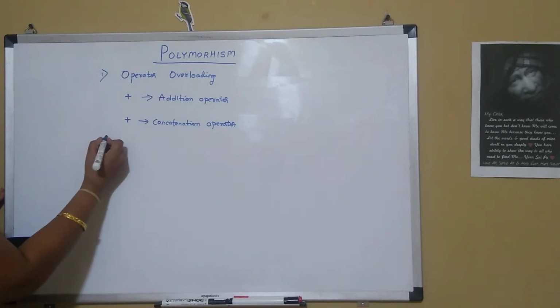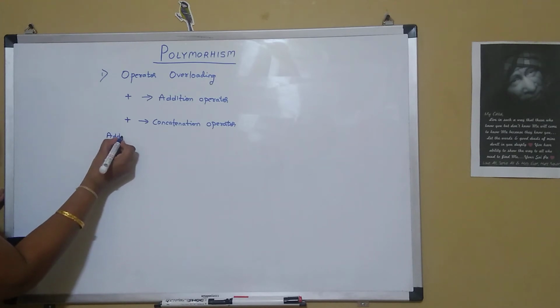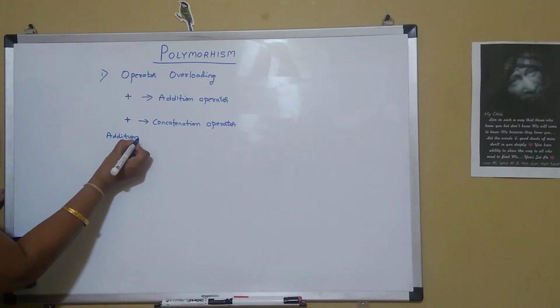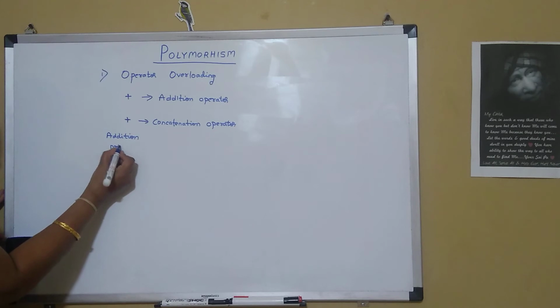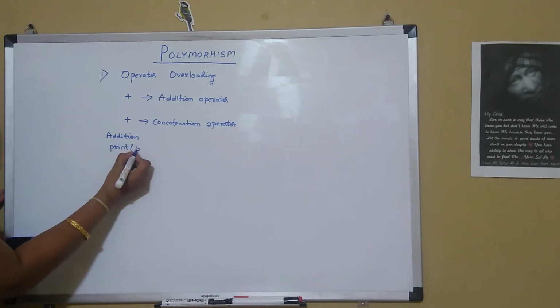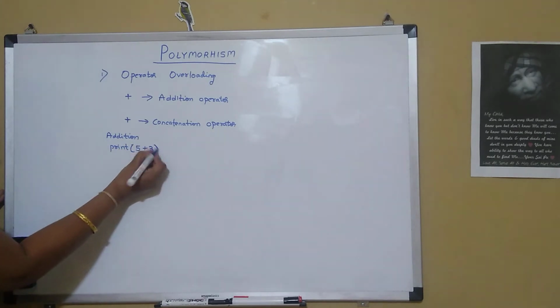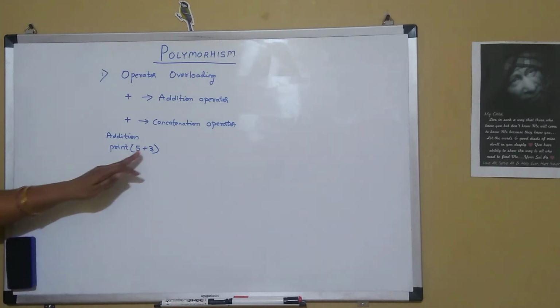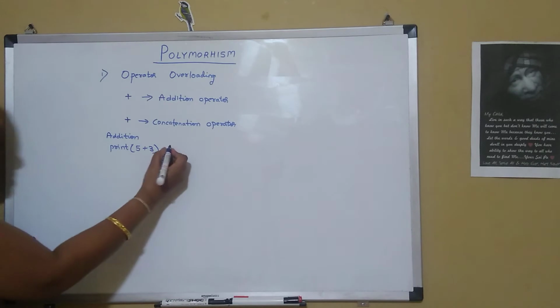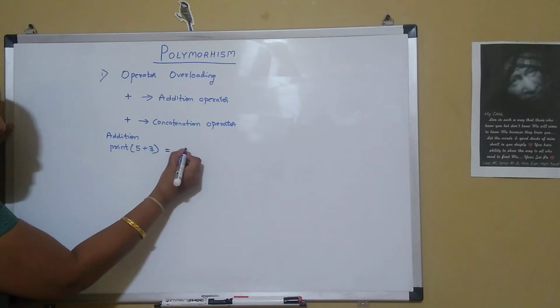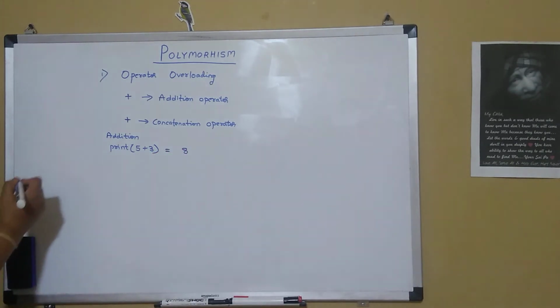Now, firstly, for the addition, if I say print 5 plus 3, then it is used as an addition operator. When two integers are present, then the plus mark acts as an addition operator and it prints 8 on the console.